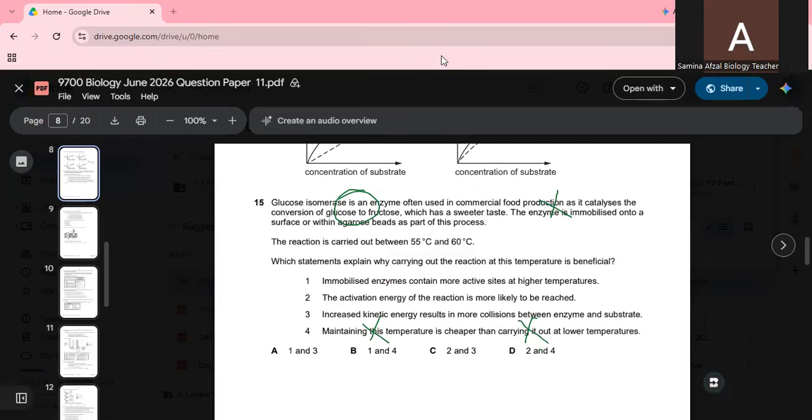Now, question number 15 is glucose isomerase, an enzyme often used in commercial food production, and it catalyzes the conversion of glucose to fructose, which has a sweeter taste.